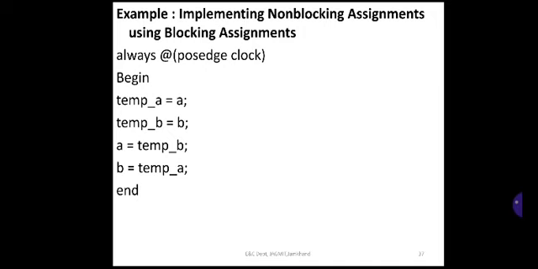First the read operation will take place, that's why temp A equal to A, temp B equal to B. The values of A and B are stored temporarily in the variables temp A and temp B. After the read operation, the write operation will be performed. Temp B is assigned with A and temp A is assigned with B. So this is the actual implementation of the non-blocking assignment.